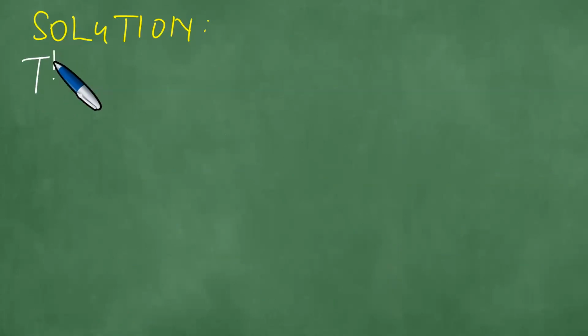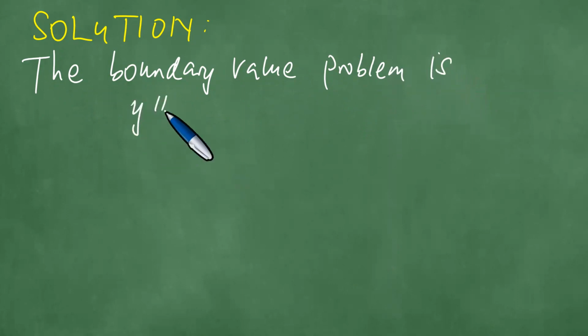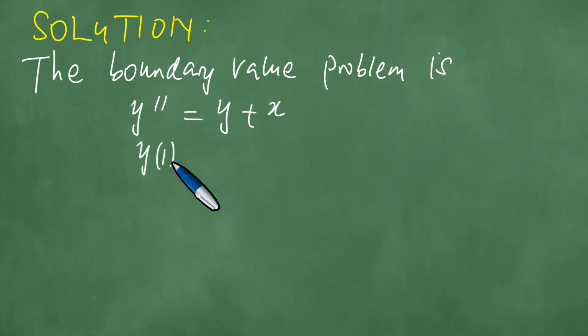All right, to solve this, we note that the boundary value problem is y double primed equals y plus x, y at 1 is 1 and y at 3 is 2.